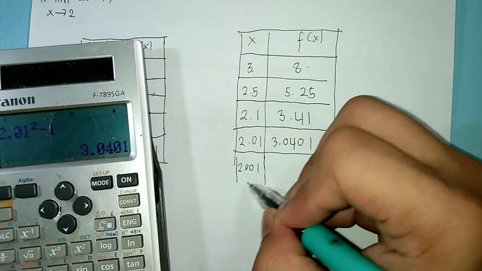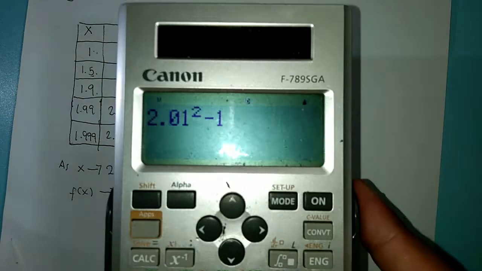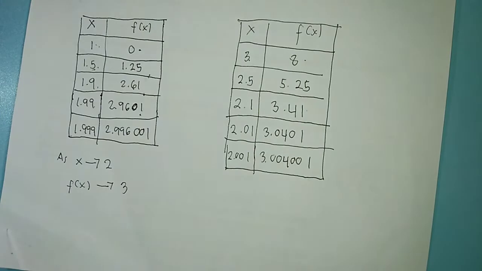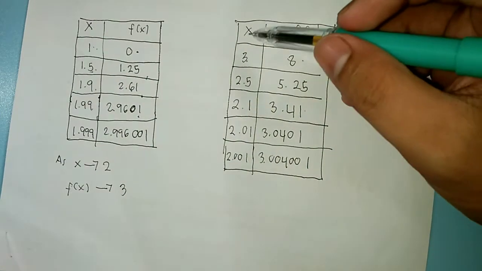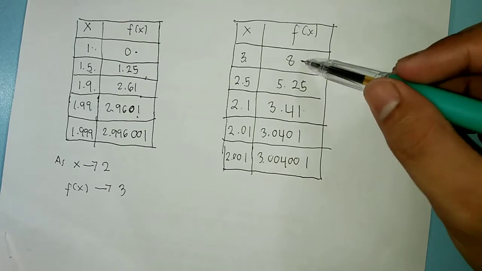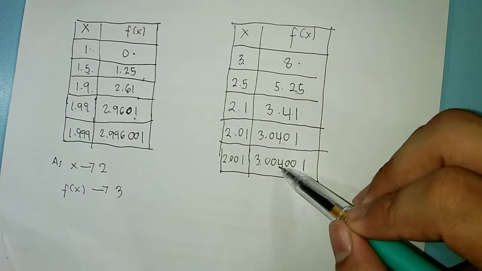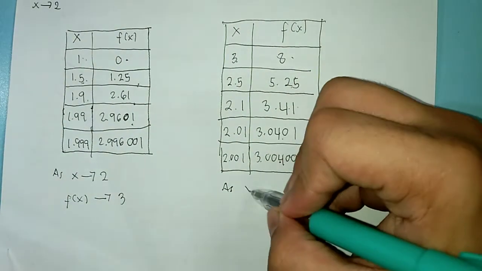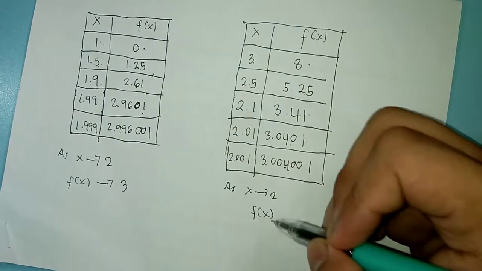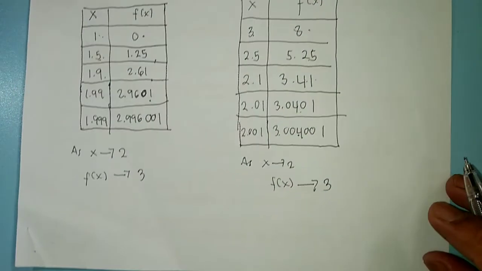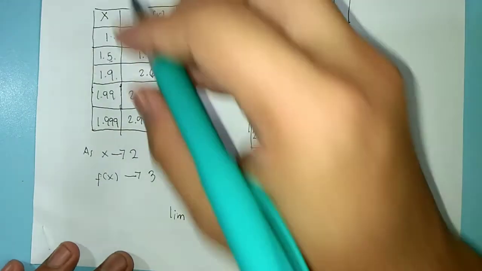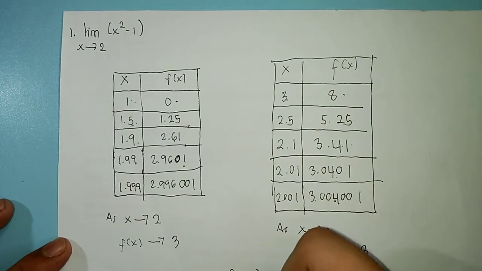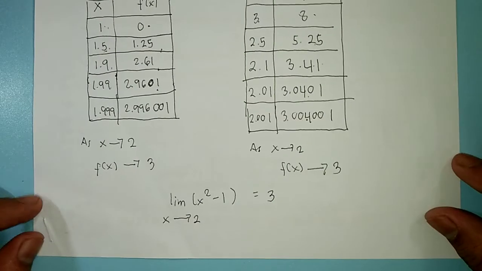Then lower again, 2.001. f of x will be 3.004001. It doesn't go below 3. So as x approaches 2, f of x approaches 3, decreasing, because it doesn't go below 3. Meaning, the limit of x squared minus 1 as x approaches 2 is 3.